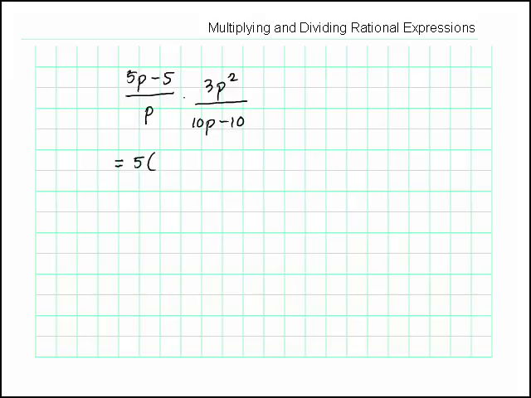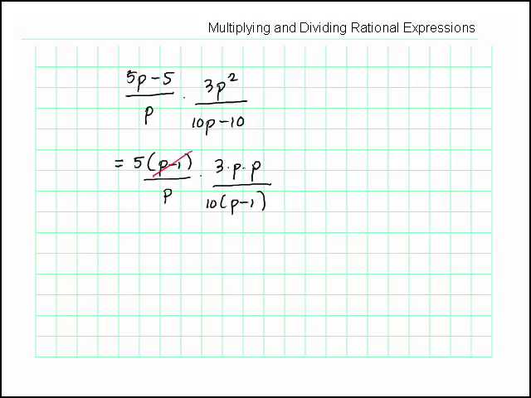I'm going to factor a 5 out of the numerator, like that. 3p squared, I can write as 3 times p times p. And in the denominator here, I can factor out a 10. That leaves me with p minus 1. Everything is completely factored.